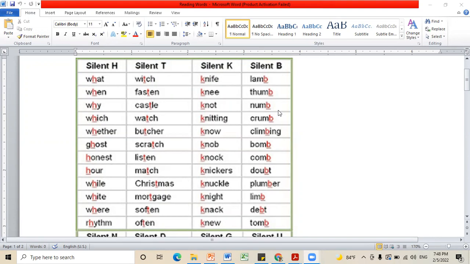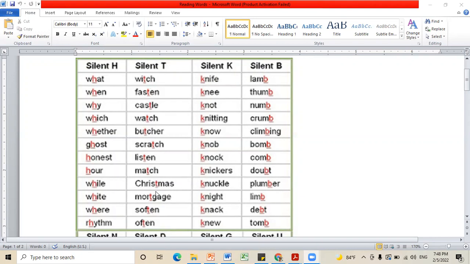Right. Okay, good. So as I said last time, today also we will read some words which have silent letters, right? I think we did the silent H last time. So today we will do the silent T. Here you can see we have T's in all of these words where the T is highlighted in red.